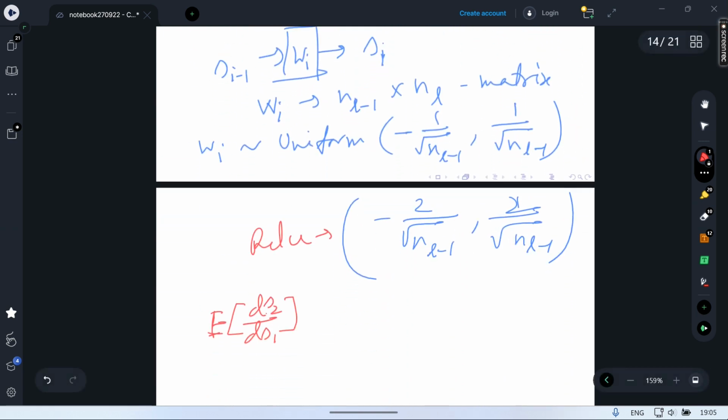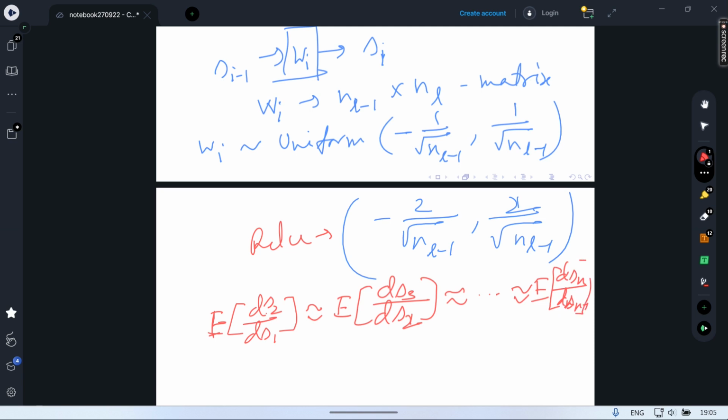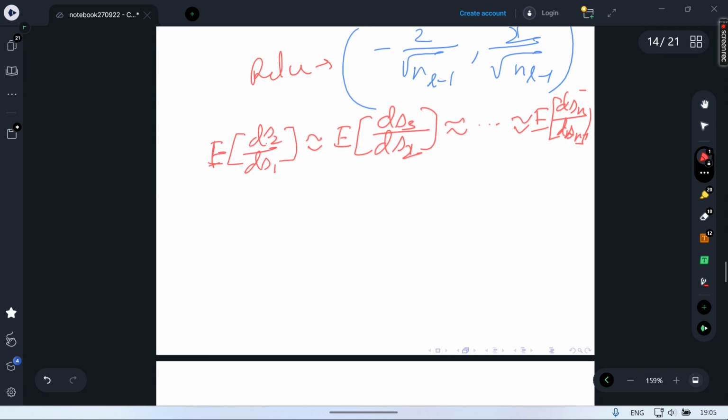DS2 will be almost equal to the expectation of DS3, DS2. So if you impose an additional constraint, their variance should also be the same.